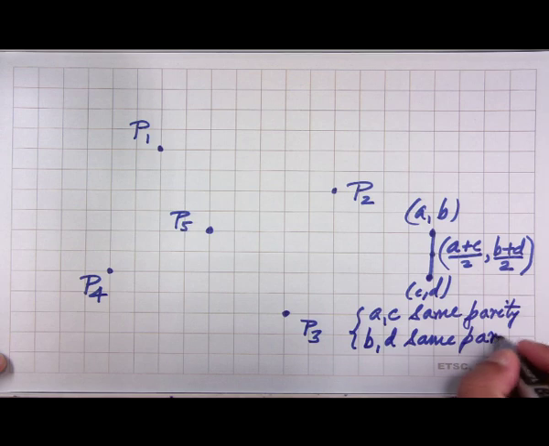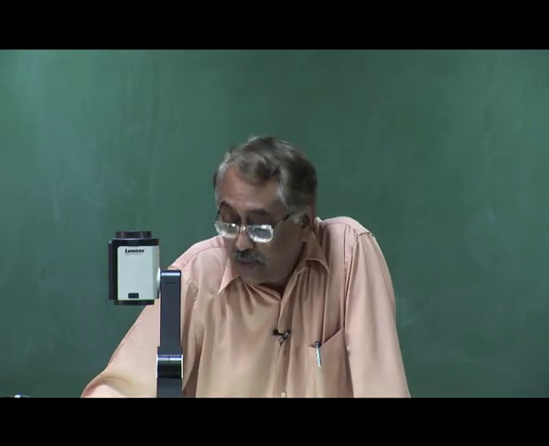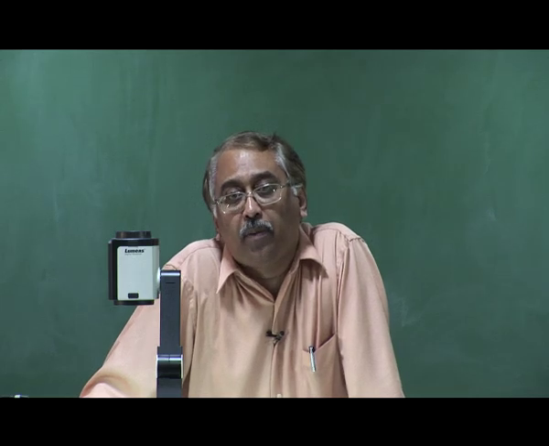This has to be simultaneously the case. I hope you understood why I'm focusing on that. If a and c have the same parity, it is true that (a plus c) by 2 is an integer, and likewise (b plus d) by 2 is an integer if b and d have the same parity.